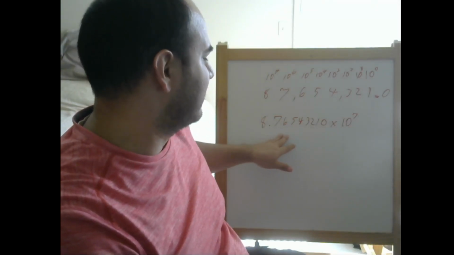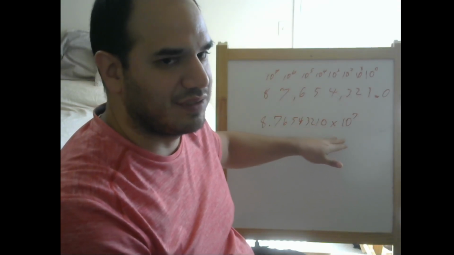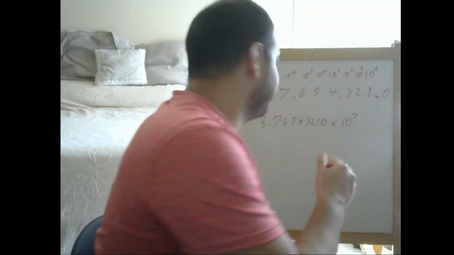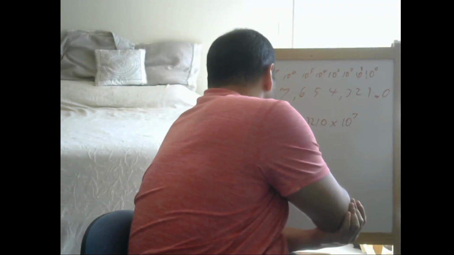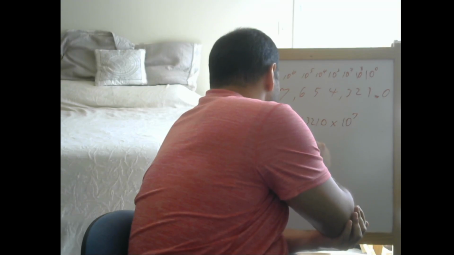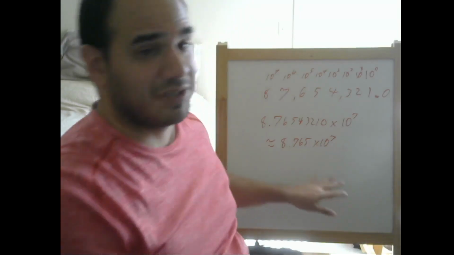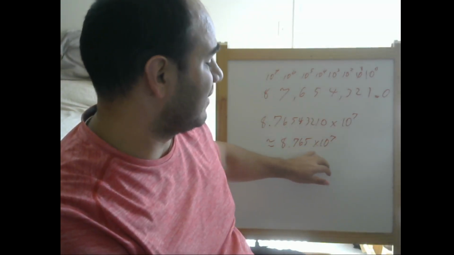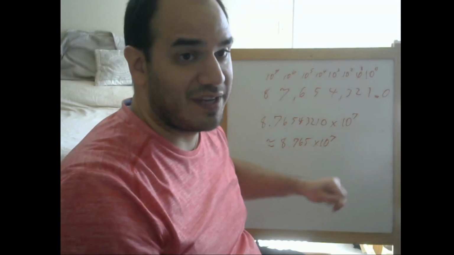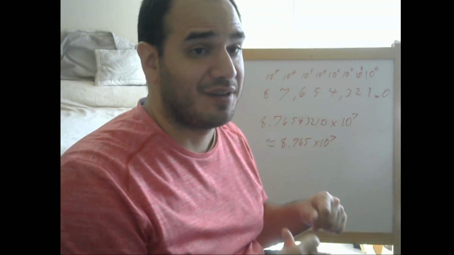So this is 8.7654321 times 10 to the 7, or it's approximately some cutoff of that, 8.765 times 10 to the 7. So it's still the same exponential value that we use whenever we expand it out.